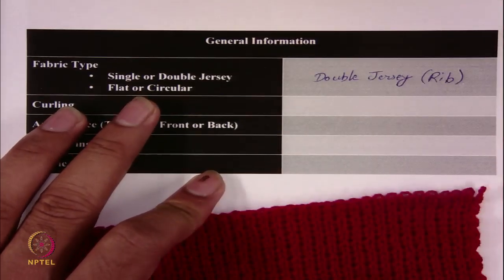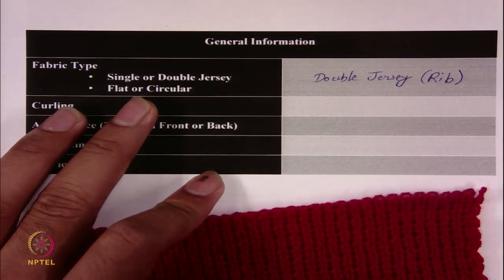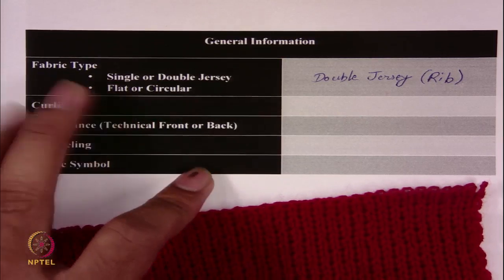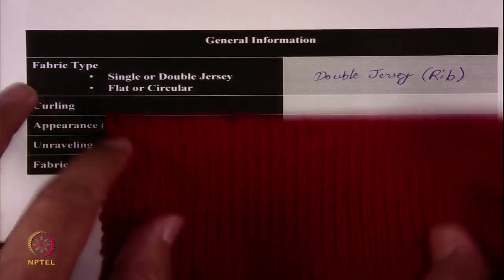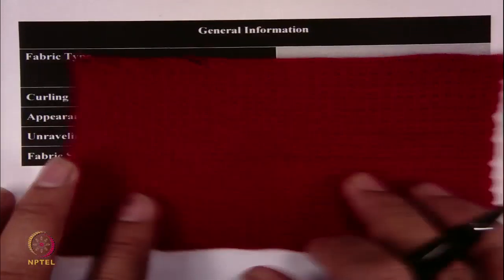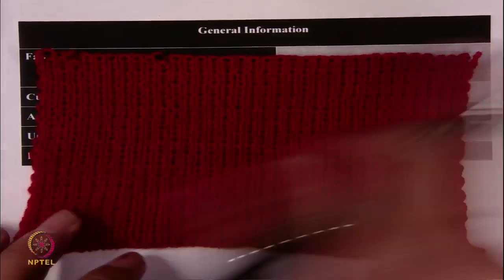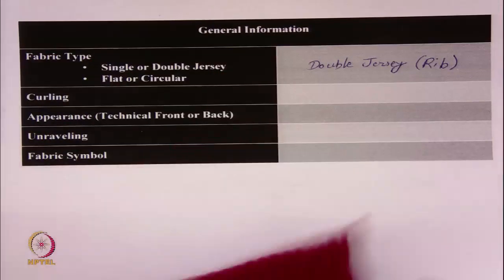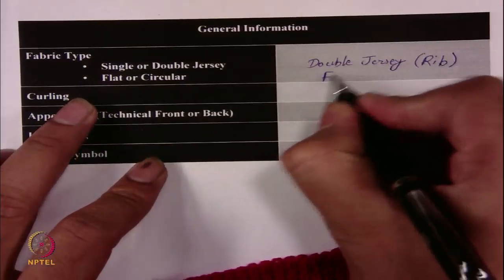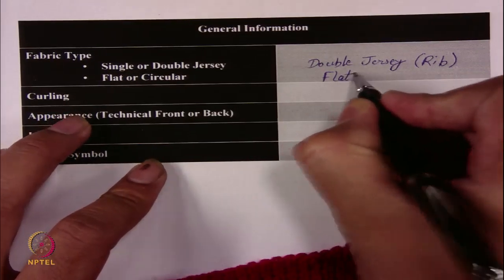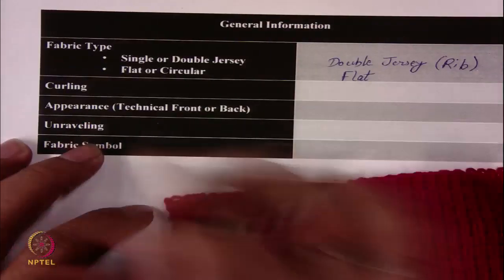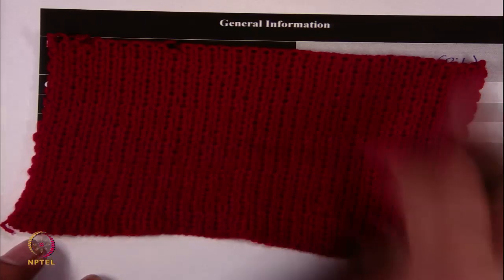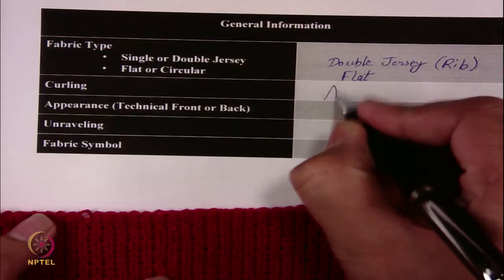So, within the double jersey it is the rib construction which we are analyzing. The fabric type, whether it is a flat fabric or circular fabric. Obviously, the edges are free, it is not bent, it is not a circular fabric. So, naturally this is a flat category. Curling, if you see the curling, the fabric is not curling from any of the edges, no.